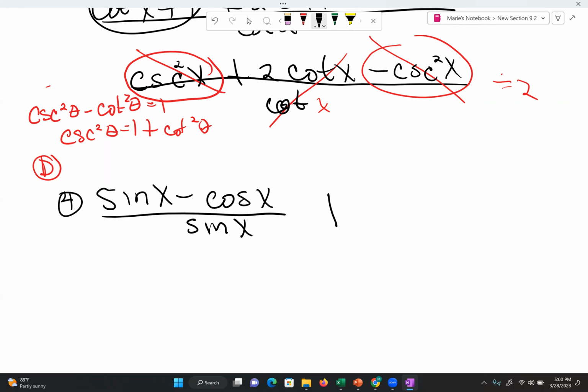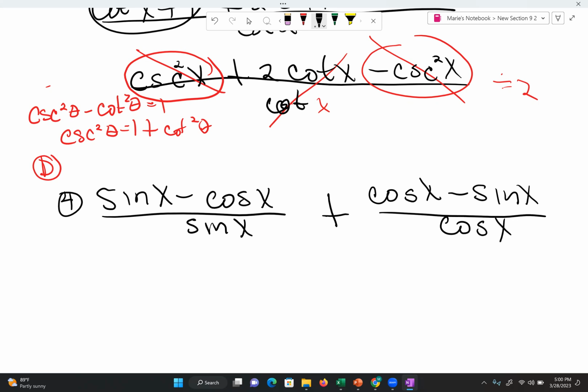And we're adding cosine x minus sine x, and all of this over cosine x.